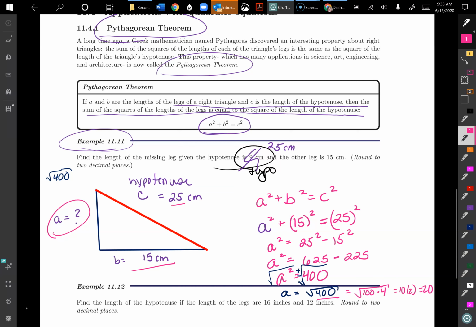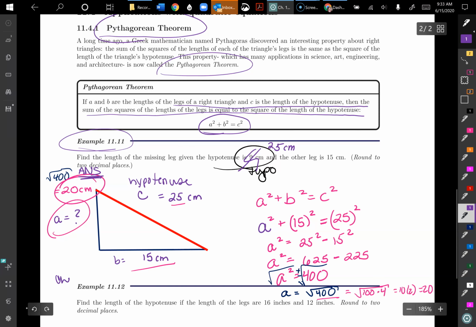So that is going to equal 20 centimeters. And then you can check to make sure. You would do a check: 20 squared plus 15 squared. Does that equal 25 squared?